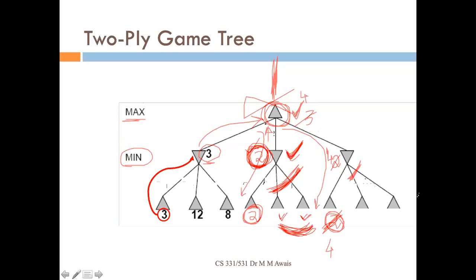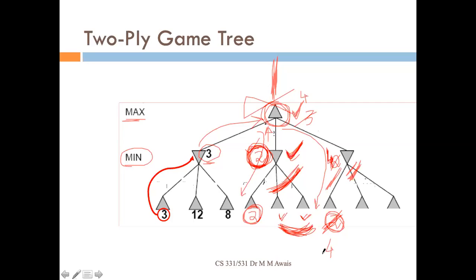So in this case I can't really prune this. The reason for that is there is a possibility. Okay, so in this case also I can't really prune this particular node. I can't do it. The reason is that here I could get a higher value, there is a possibility.